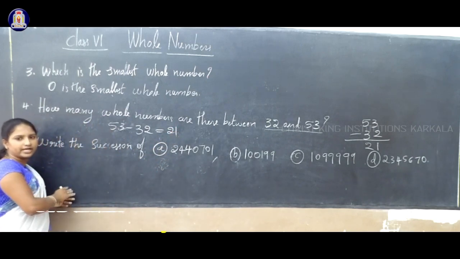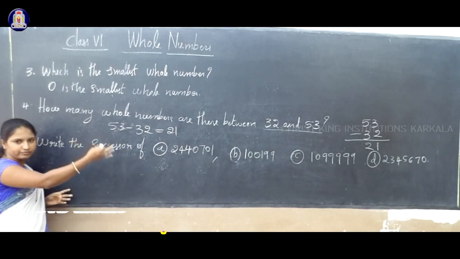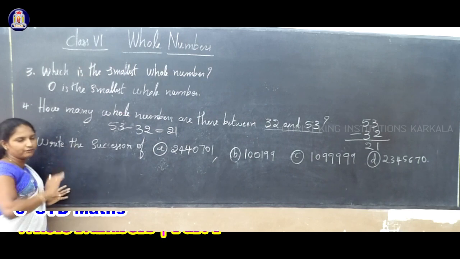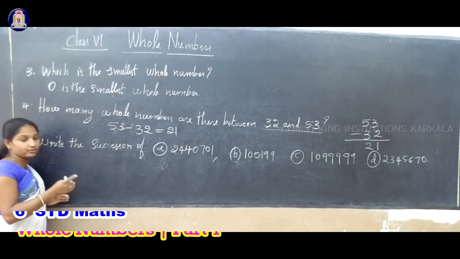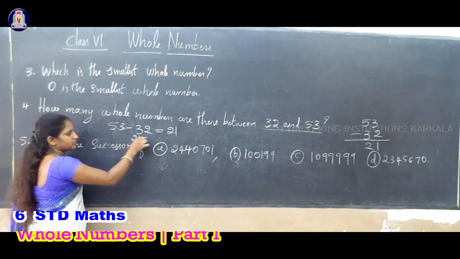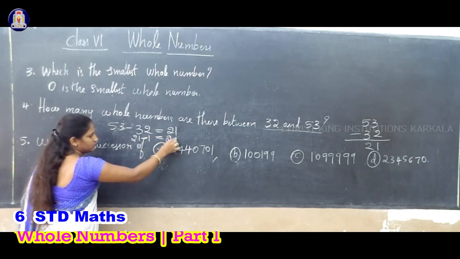What we have to write is the whole numbers between 32 and 53. So we got 21, right? We included 53 also, but we need the whole numbers between 32 and 53. If you count, we get 20. So what do we have to do? We have to subtract 1 from 21, so we get 20.